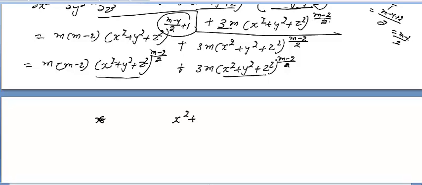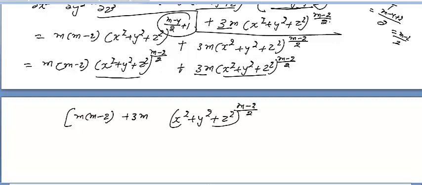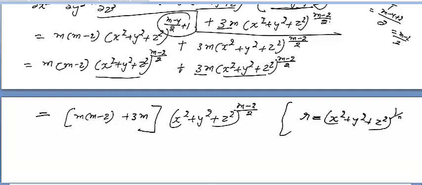So (x square plus y square plus z square) whole raised to power m minus 2 by 2 is common. Correct? So what you will get here, you will get m into m minus 2 plus 3m. This is the left. Now student, one more thing is there. You know that value of r is equal to (x square plus y square plus z square) whole raised to power 1 by 2.